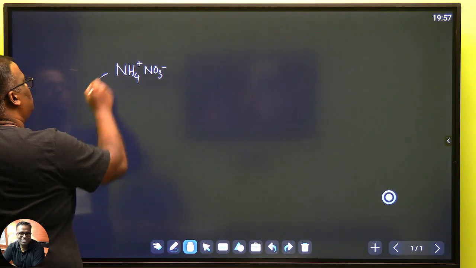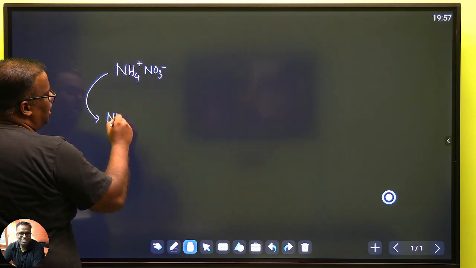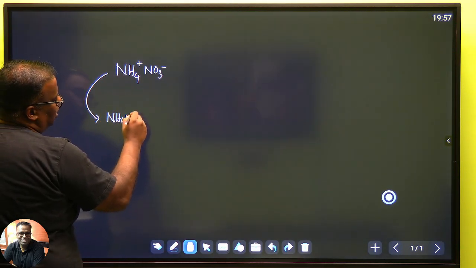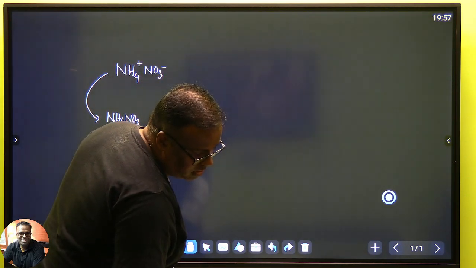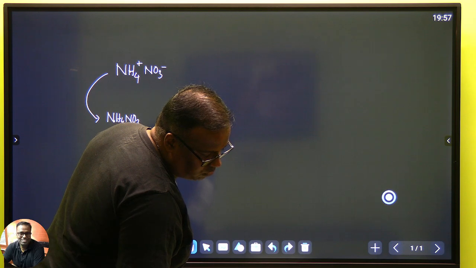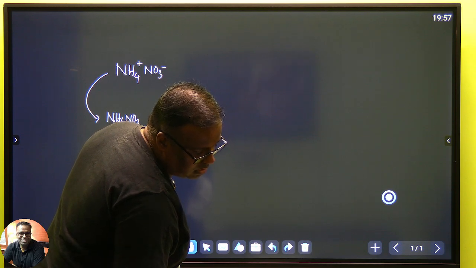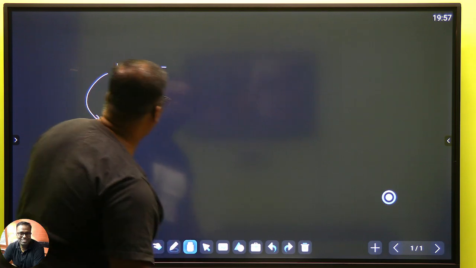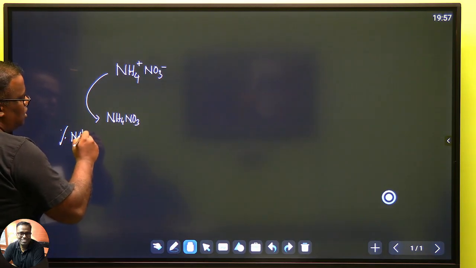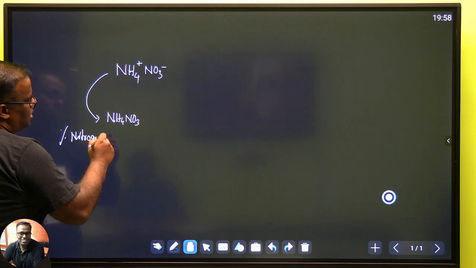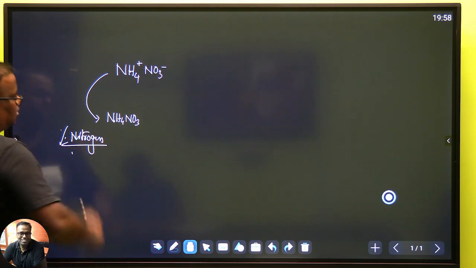Our product is what, beta? NH4NO3. This is known as ammonium nitrate. पूछा है कि ammonium nitrate में the formula is this, and what is the percentage mass of nitrogen out here? इसमें नाइट्रोजन कितना है? Percentage mass. Can you find out?